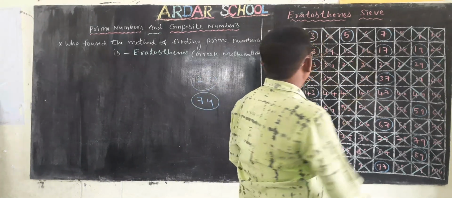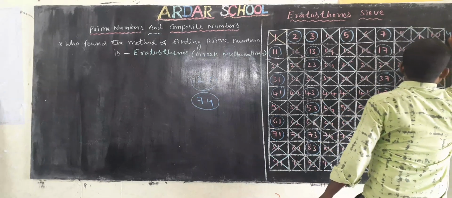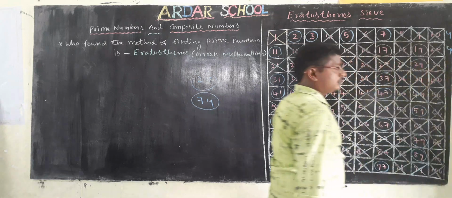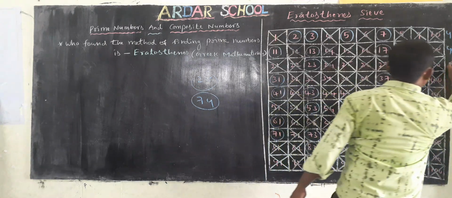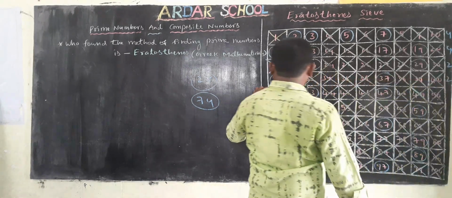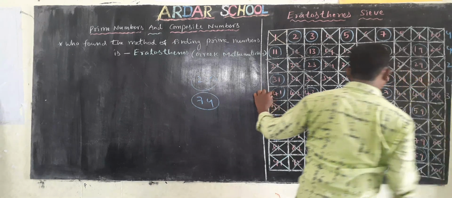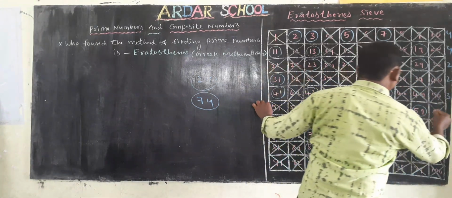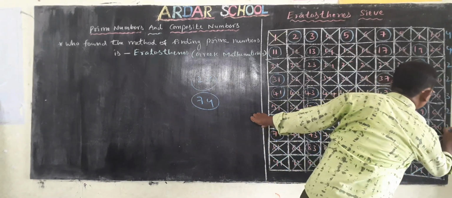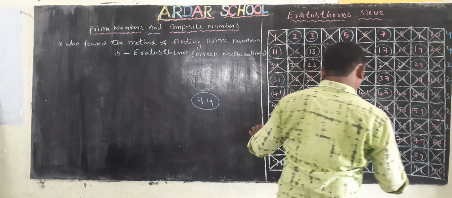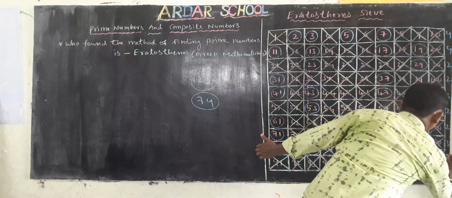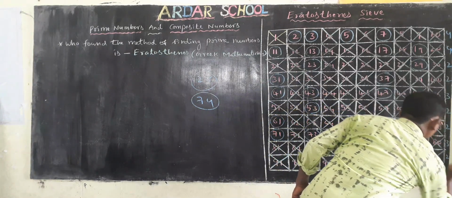The prime numbers between 1 to 10: 4. 11 to 20: 4. 21 to 30: 2. 31 to 40: again 2. 41 to 50: 3. 51 to 60: 2. 61 to 70: 2. 71 to 80: 3. 81 to 90: 2. 91 to 100: 1.